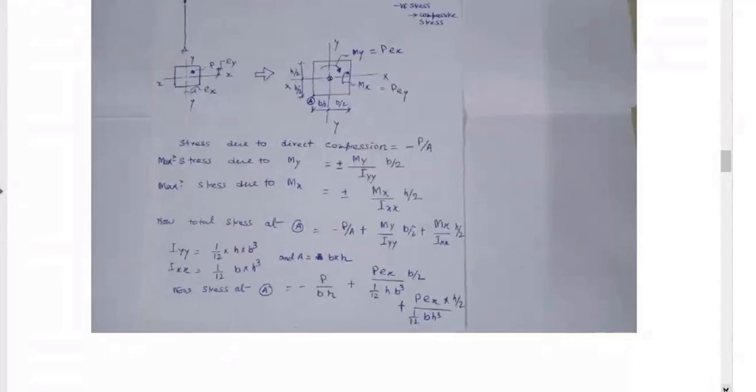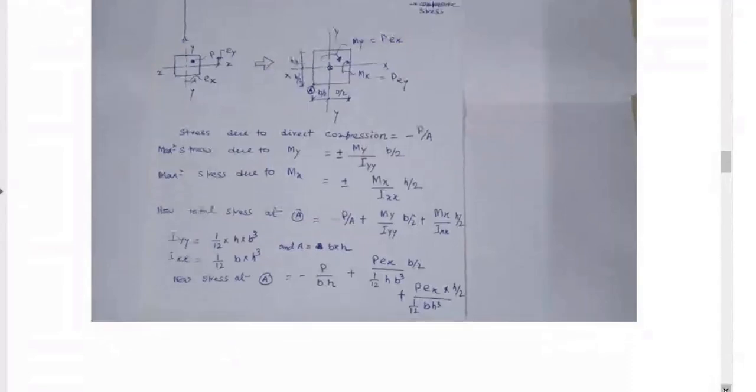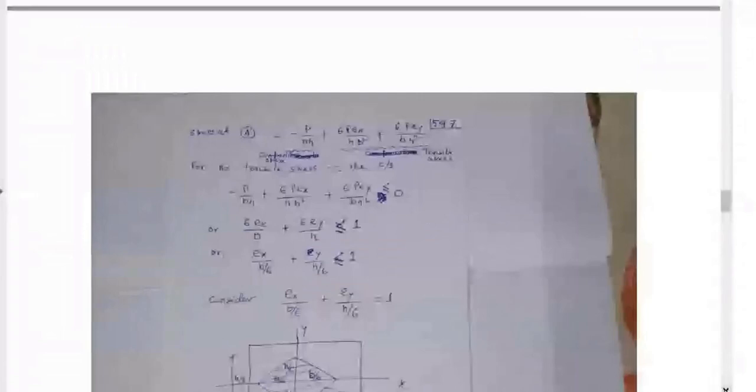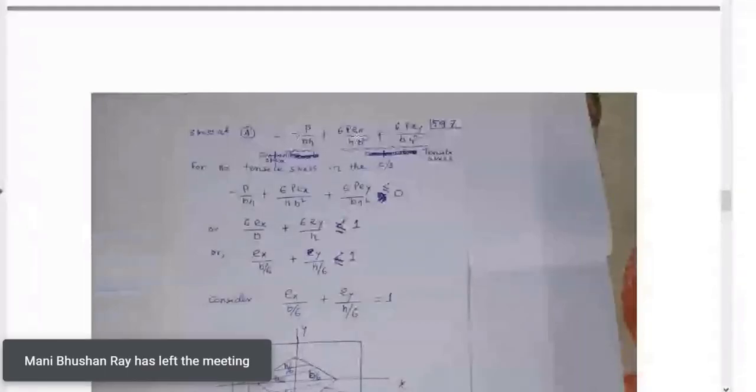Again, we calculate the values of Ex and Ey for no tensile stress conditions. That is, in the stress at point A, the first term is compressive in nature. The second and third terms are tensile in nature.